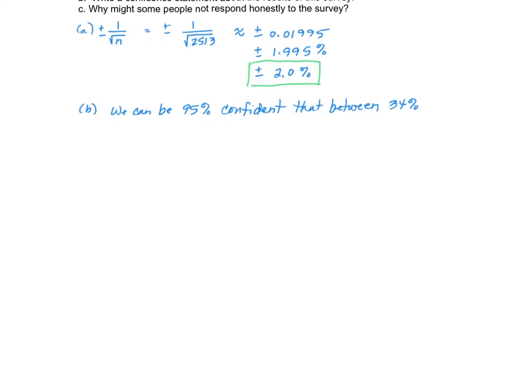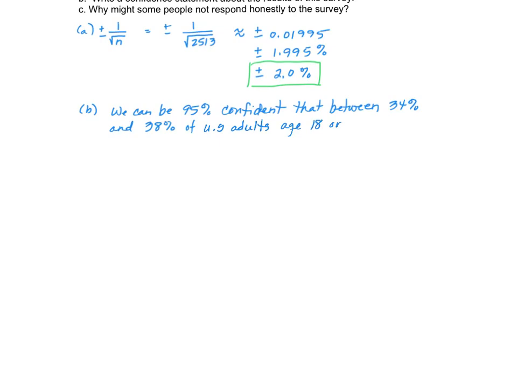and 38%. So I'm going to add my margin of error to my result of, and then just reword the problem, of US adults age 18 or older, read 10 or more books per year.